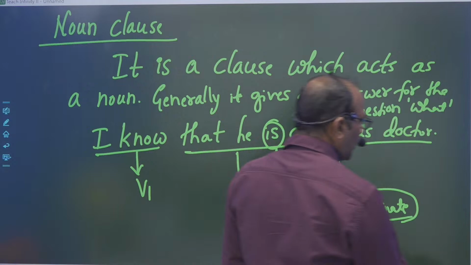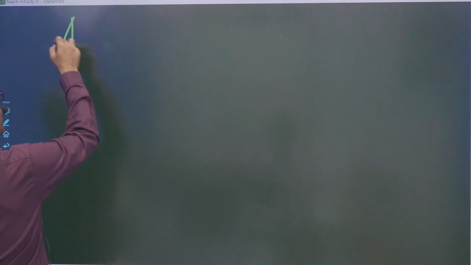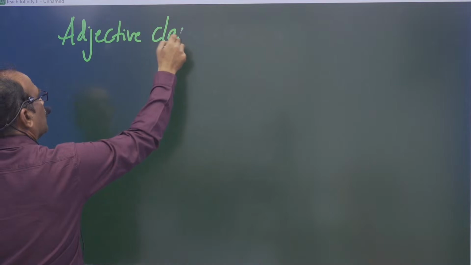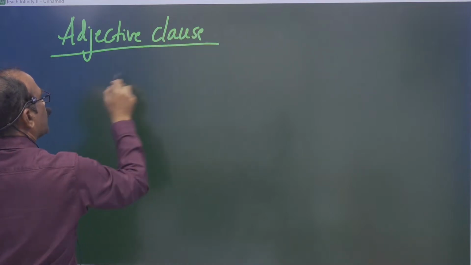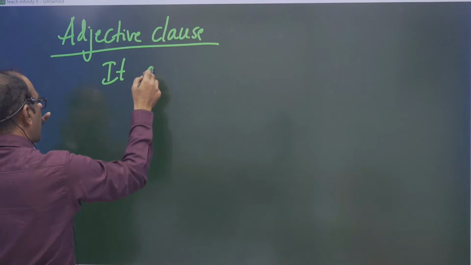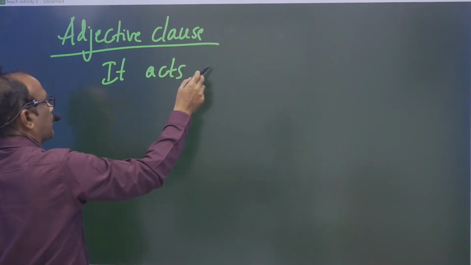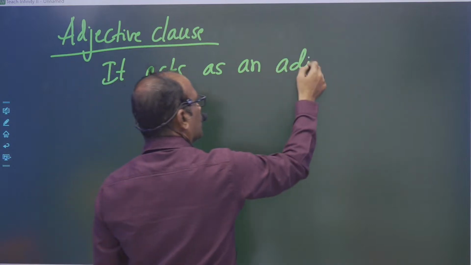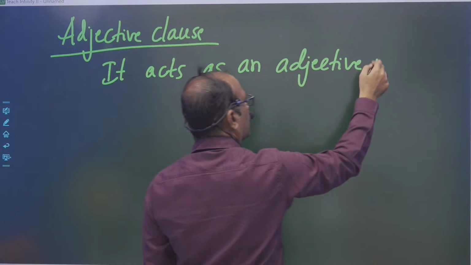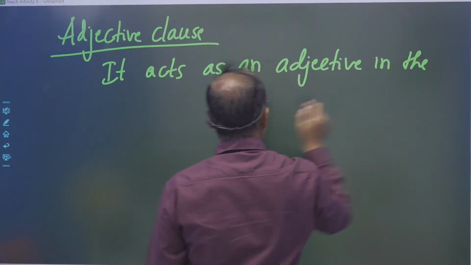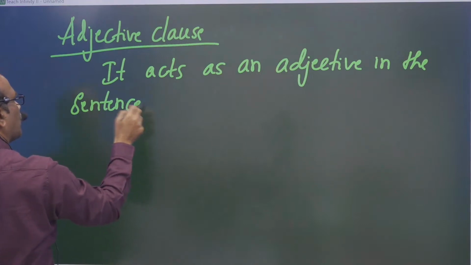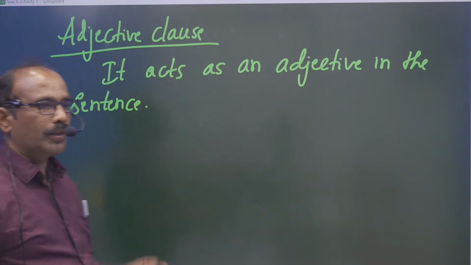Now look at the next clause, adjective clause. Adjective clause means it acts as an adjective in a sentence. ಅಂದ್ರೆ ಒಂದು ನಾಮವಿಶೇಷಣವಾಗಿ ಕೆಲಸ ನಿರ್ವಹಿಸುವಂತ ಕ್ಲಾಸ್.